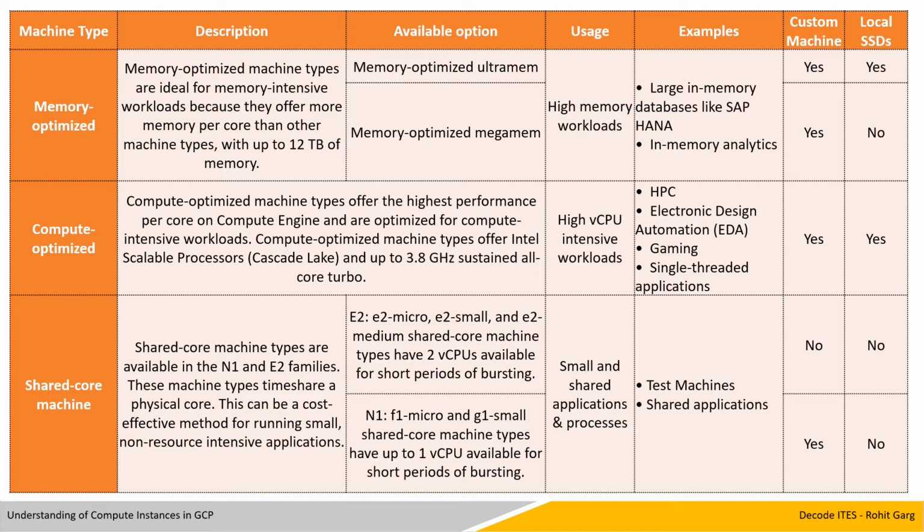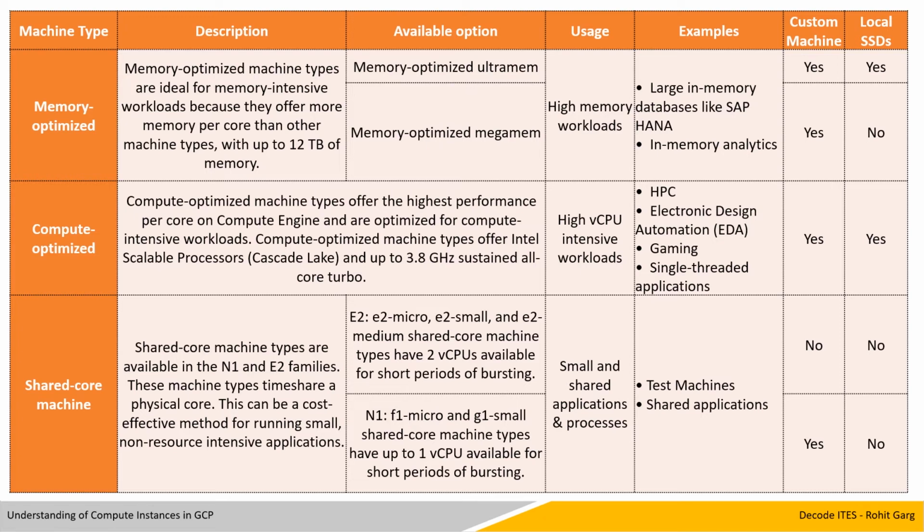Third type of machine available is compute optimized. Compute optimized machines offer the highest performance per core on Compute Engine and are optimized for compute intensive or CPU intensive workloads. Compute optimized machine types offer Intel scalable processors up to 3.8 GHz sustained all-core turbo. This is the current configuration.